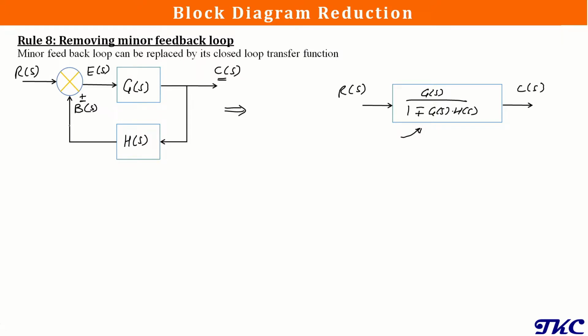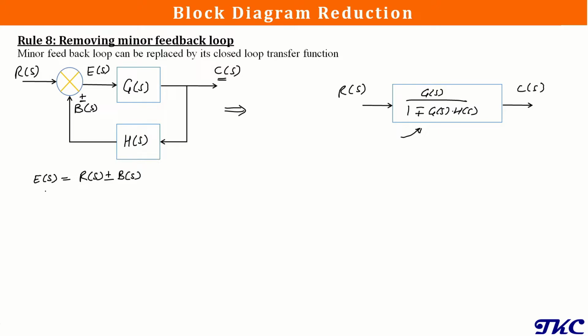Now let's define some parameters here. The error signal, that is E of S, we can write as R of S plus minus B of S. So the error signal we are going to get by comparing the input signal and this B of S signal.